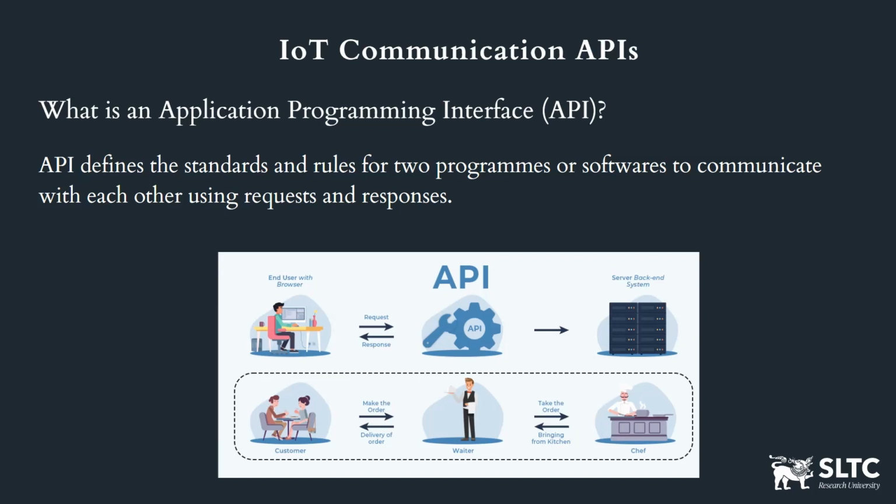Let's take an example of this API and how it works. Once a device or a user accesses a certain website, for example using HTTP protocol, they send a request to the website, right? That request is received by this API first. The API first checks what kind of request has been sent, and based on that request, the API determines which apps should communicate and how they should communicate.